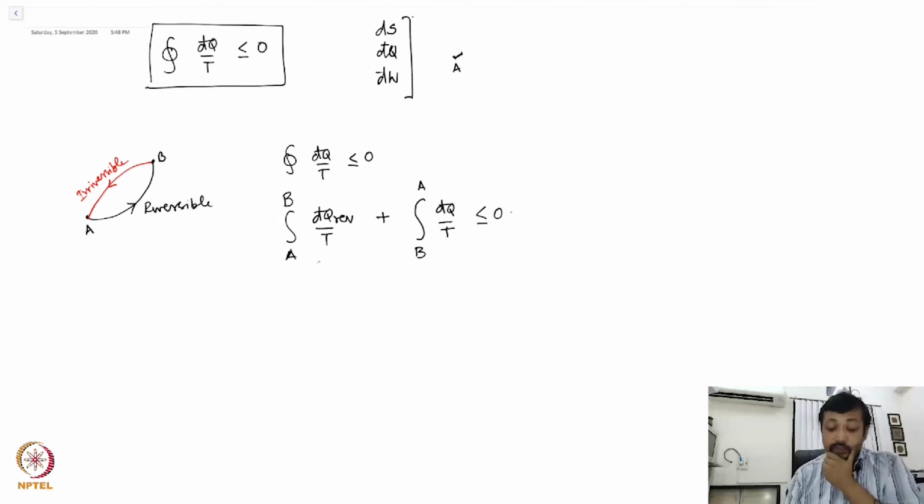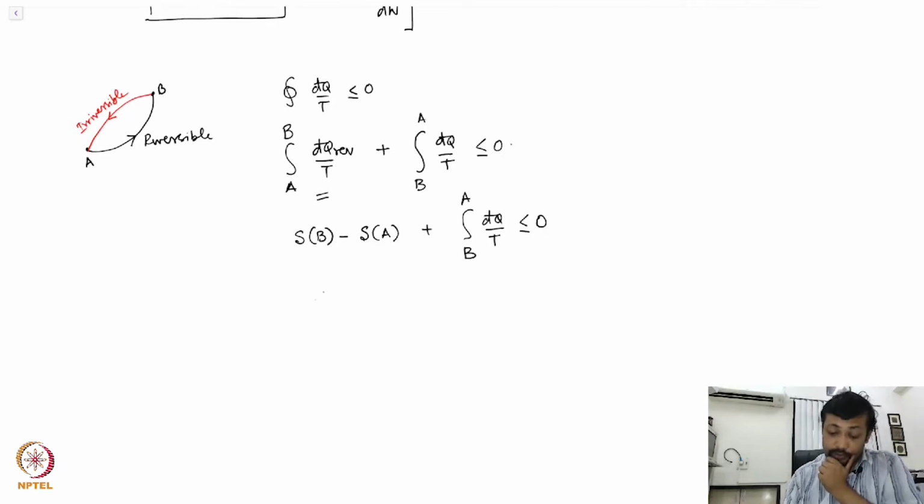But I know what this quantity is. For a reversible process, I can define this as SB minus SA, right? Plus the integral from B to A of d cut q over T is less than or equal to 0.